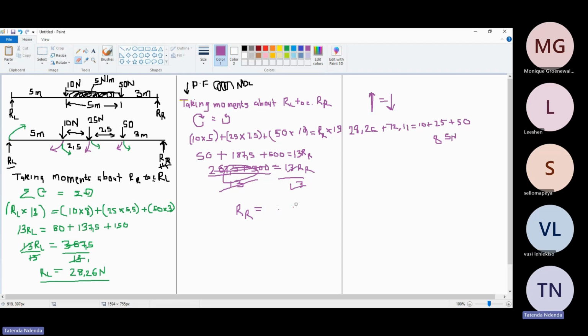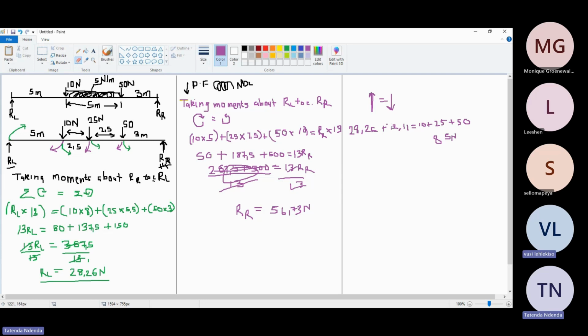So here, how much are we supposed to get? I suppose now 50 plus 187.5 plus 500 is supposed to be 737.5. Then you divide it by 13. How much do you get? 56.73 newtons, right? So now, is it going to balance?